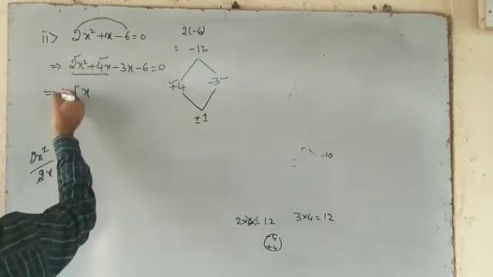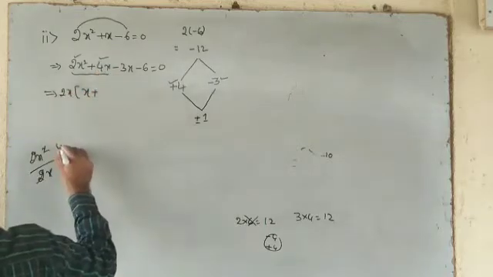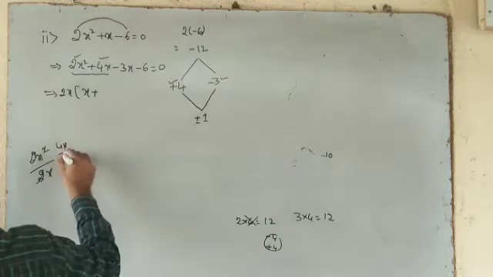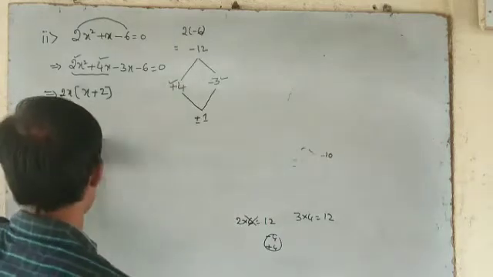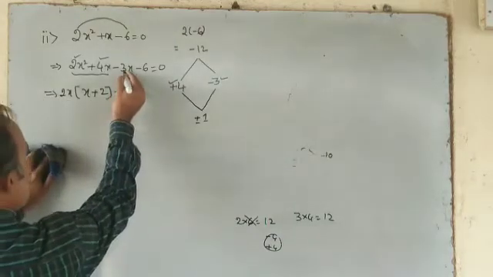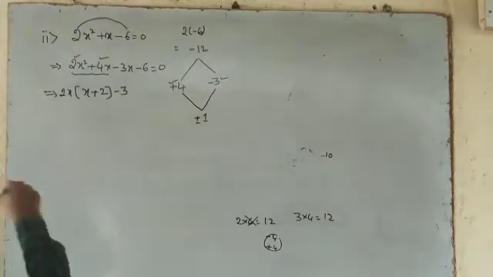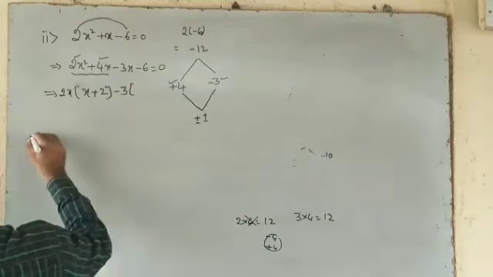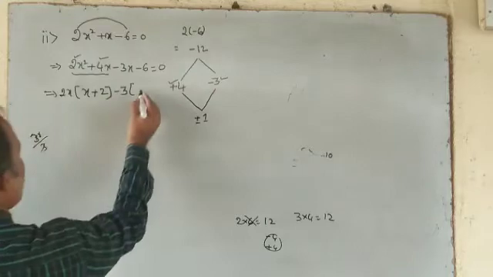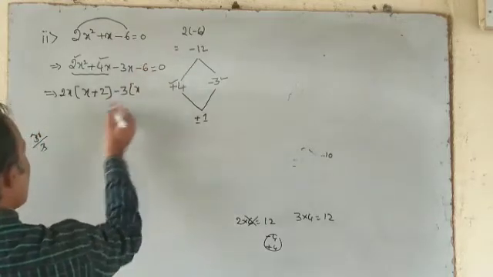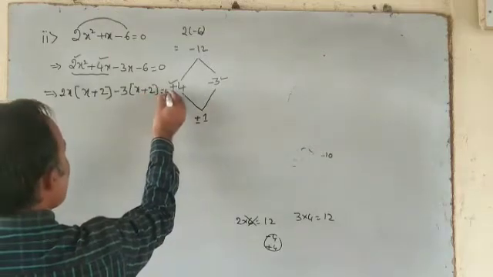So here plus, outside is also plus, plus by plus, that is plus. 4x divided by 2x gets cancelled, so x plus 2. Next, similarly here, minus you take out, minus 3 and 6, so 3 is common, variable is not a common factor here. Minus 3x divided by 3, 3 gets cancelled, so minus by minus, that is plus, 6 by 3, that is 2, is equal to 0.